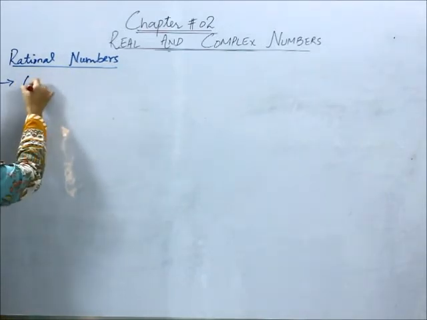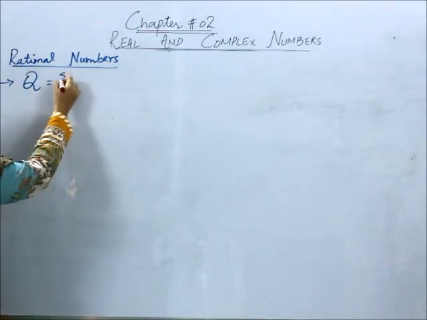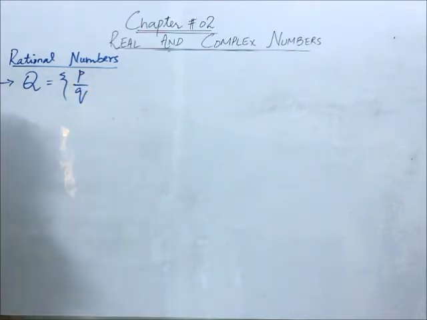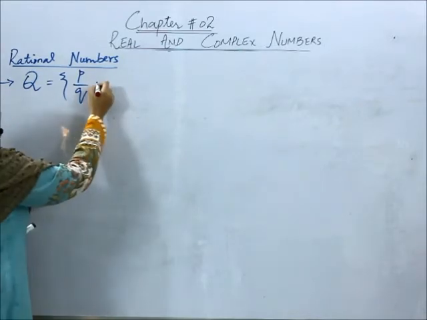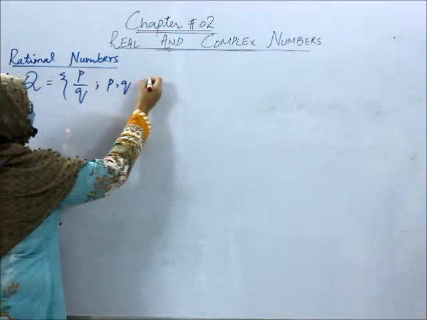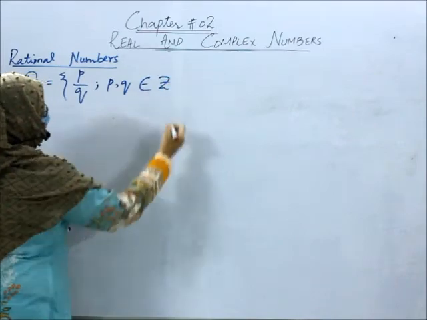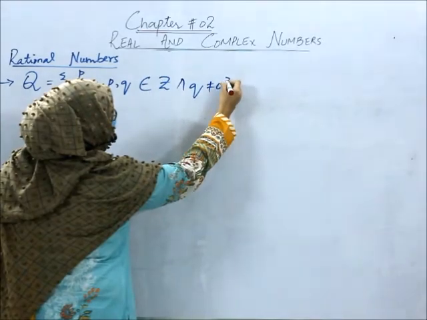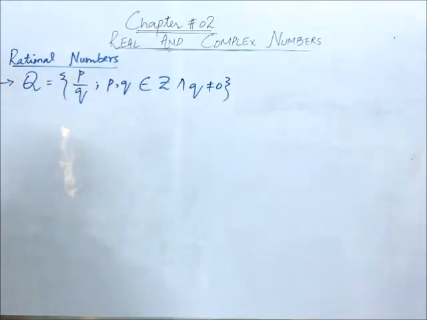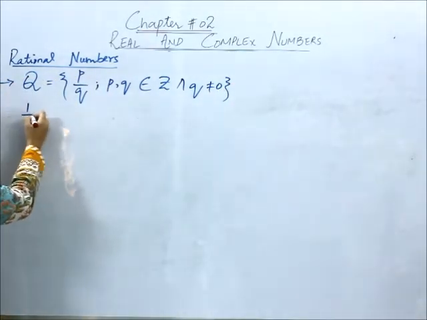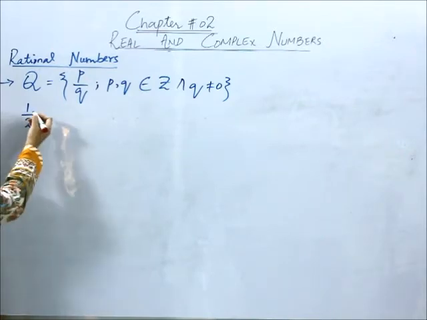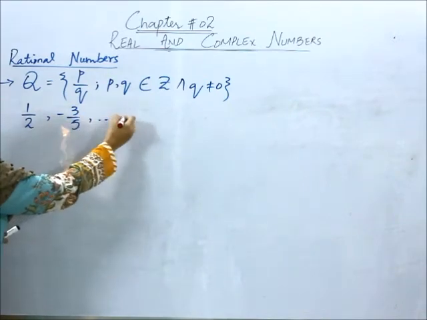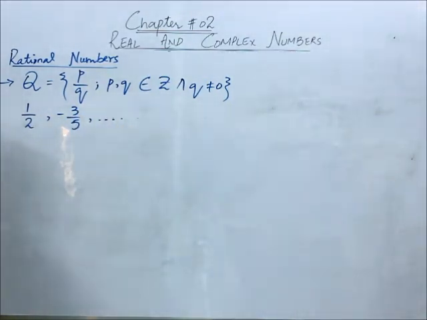We denote the set of rational numbers with Q. Here p and q belong to the set of integers, and q is not equal to 0. Fine? So we can have 1 by 2 as a rational number, similarly minus 3 by 5, and so on: the numbers which can be written in fraction form.